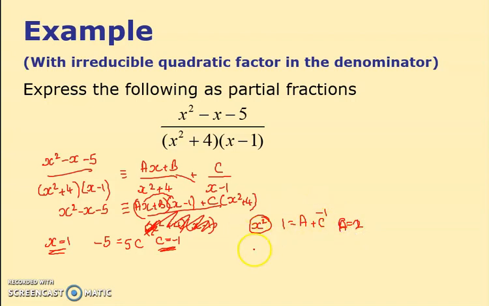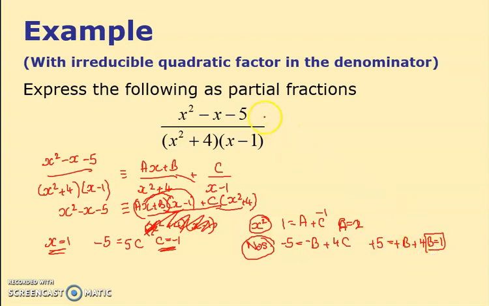Then I look at the numbers: I've got minus 5 on the left, and here I get b times the minus 1, so minus b, and I get 4c. So minus 5 equals minus b minus 4, and if I make it more positive, I reckon b is 1.